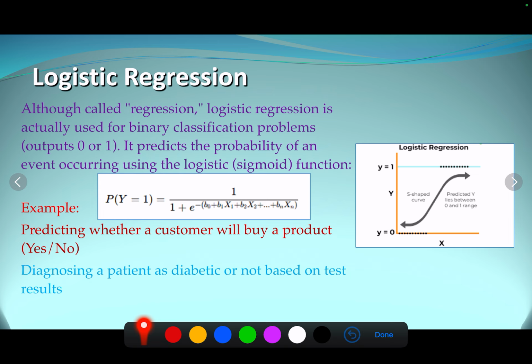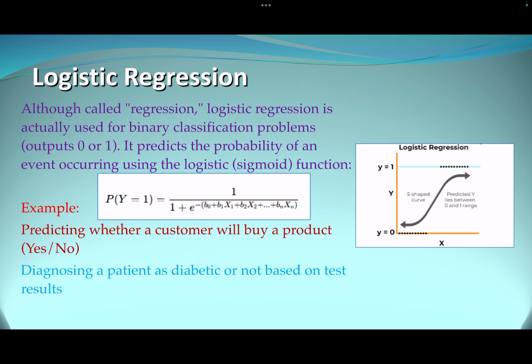Here we can predict whether a customer will buy a product or not based on different variables, or we can diagnose a patient as diabetic or not based on different test results. So there are different applications where logistic regression can be used.